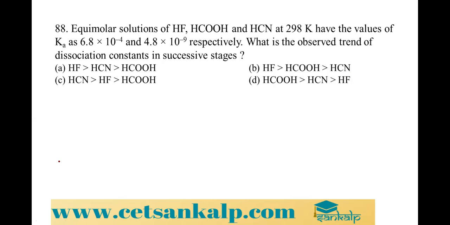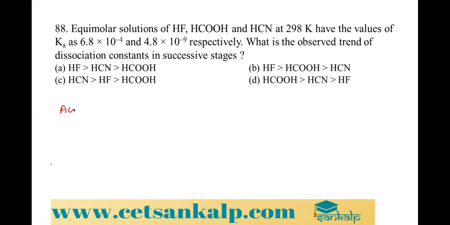Equimolar solution of HF as formic acid and HCl at 298 Kelvin have the same values of Ka as 6.8 into 10 to the power minus 4 and 4.8 into 10 to the power minus 9 respectively. What is the observed trend of dissociation constant in successive stages? Right? So let us see.